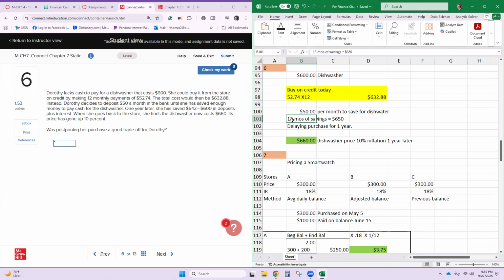All right, so let's do 12 months. Just a minute here. So if she socked this away in a savings account so that she would then have 50 times 12, that's $600. So they're saying she has 642. All right. And that's with the interest. 12 months of savings plus interest. Okay, that's what they're saying.